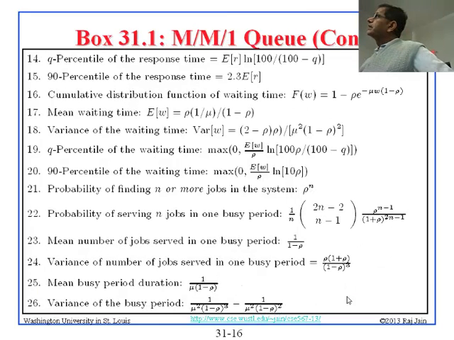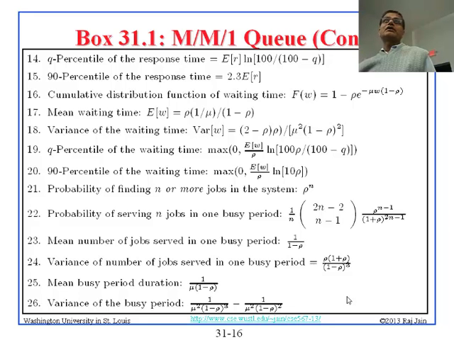More. You can calculate the qth percentile, such as the 90th percentile, you can calculate the mean waiting time, and then all the percentiles of the waiting time. You can calculate the probability of jobs in one busy period. What is a busy period? Basically the system starts idle, no people in the queue. Then the queue builds up, and then the queue dies down, right?